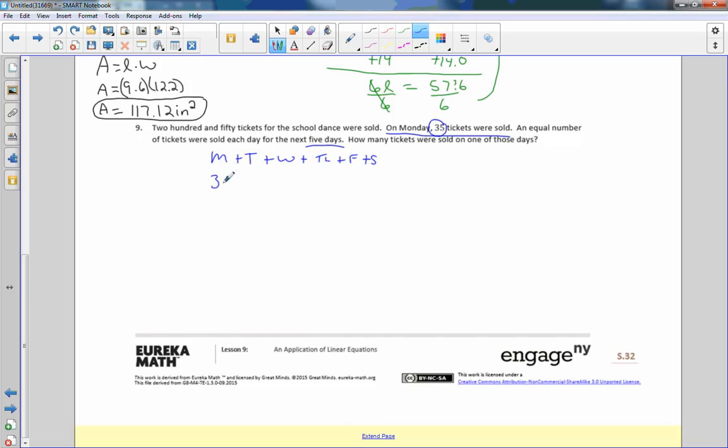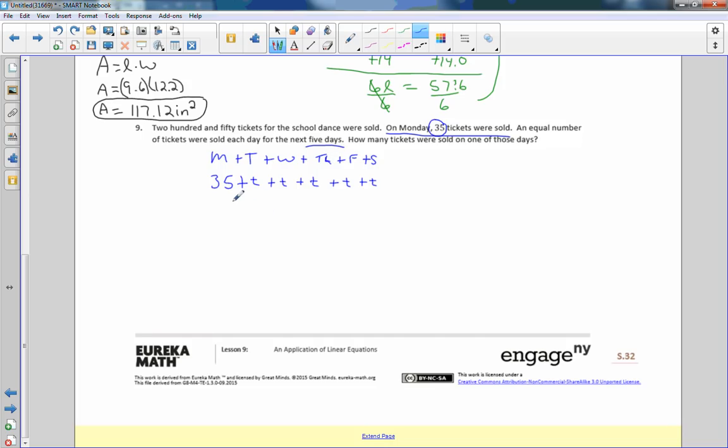So 35 plus, and then it said an equal number of tickets were sold each day for the next 5 days. So if I just represent that as T, then these are all T for tickets. Because they're all equal, we can use the same variable. So tickets for Tuesday, tickets for Wednesday, tickets on Thursday, tickets on Friday, tickets on Saturday, and so on.